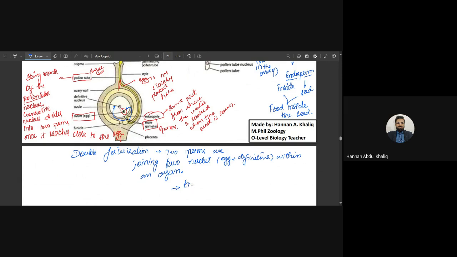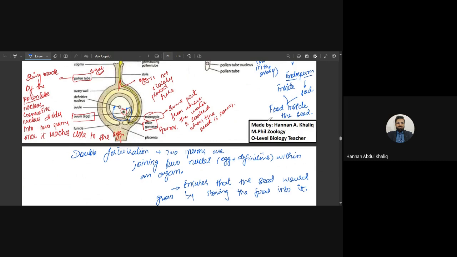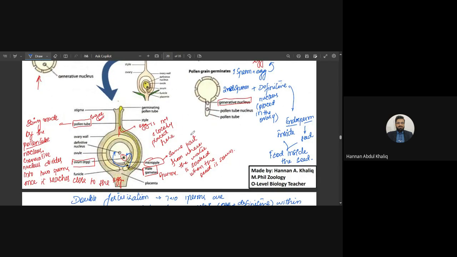It ensures that the seed would grow by storing the food into it. It would make sure that the seed would survive and grow, by storing the endosperm into it.